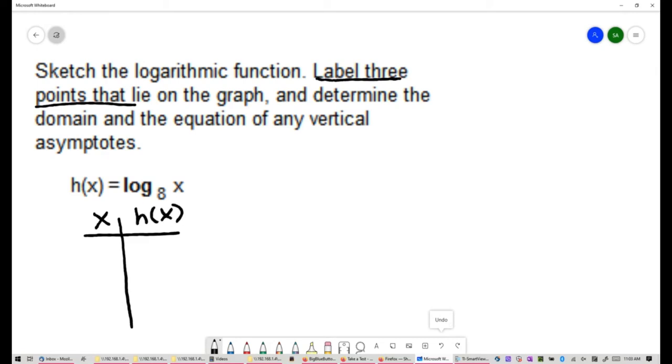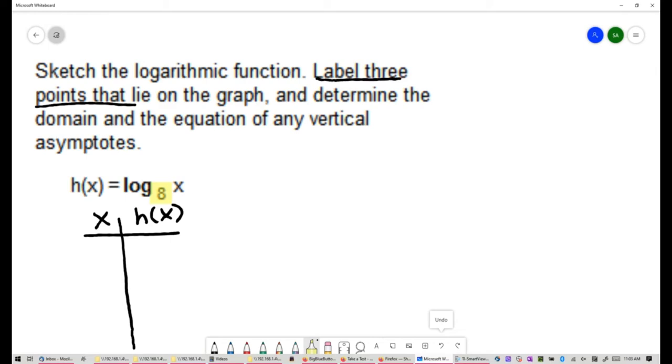But if I choose just any random x coordinates, I'm going to get y values that have decimal values, and I would really prefer to have nice ordered pairs that I can plot on this picture. So I'm going to try to be very strategic about what x's I choose, and the way I can be strategic with logs is to pay attention to that base.